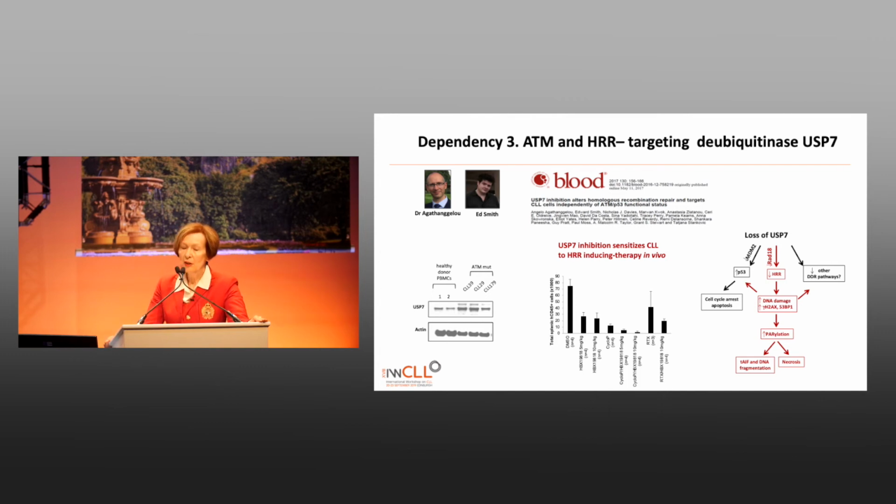And pharmacological inhibition of USP7 has a potent effect both in vitro and in vivo in xenograft models, particularly when we use combination with chemotherapy that requires homologous recombination repair and induces it. So we provided a mechanistic explanation for such a synergy, and this is really the mechanism by which loss of USP7 alters homologous recombination repair.